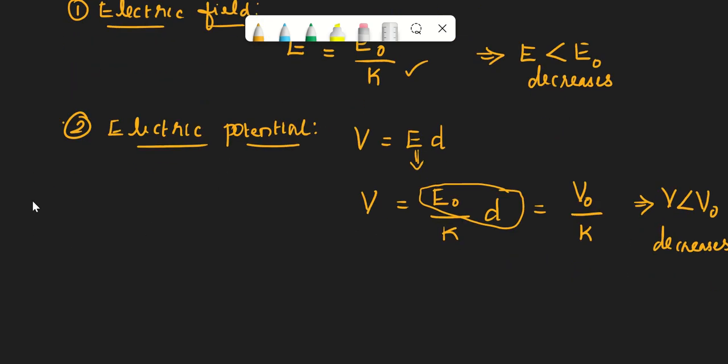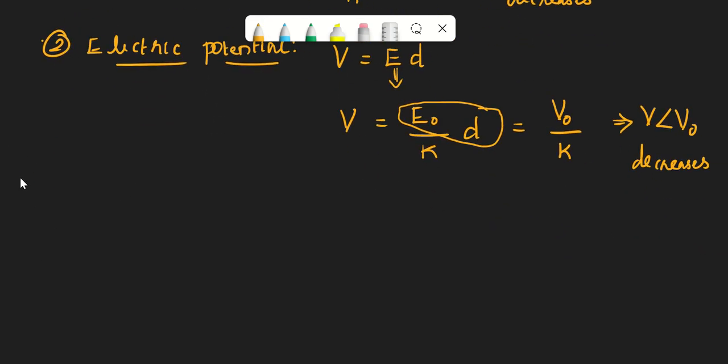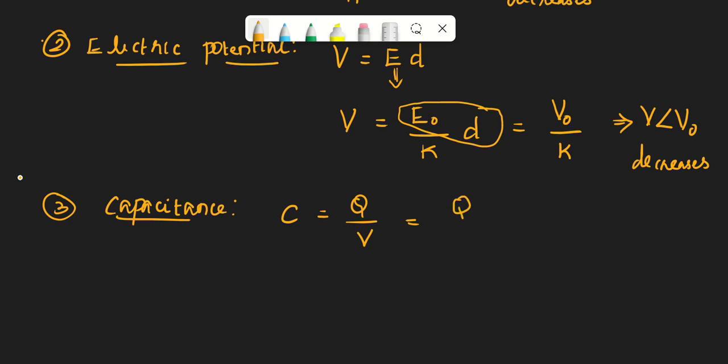Now next one is capacitance. According to the definition, capacitance C equals Q divided by V. Instead of Q, I'm going to write Q naught itself, because the charge doesn't change after removing the battery. The charge stored in the capacitor is constant.